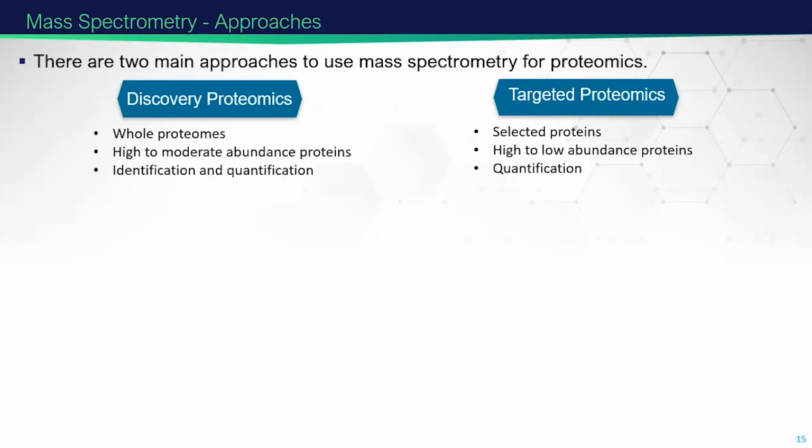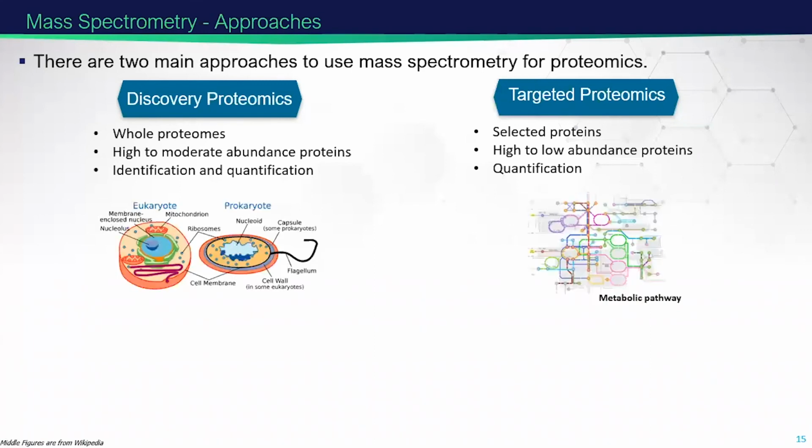We will spend lots of time talking about these two methods today. In the big picture, discovery proteomics is analyzing the whole proteome. Whatever you extract and digest into peptide form, you are going to analyze it all. Targeted proteomics mainly focuses on a small subset of proteins of interest.